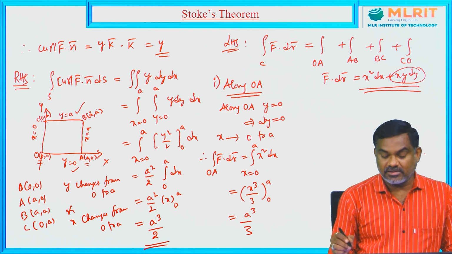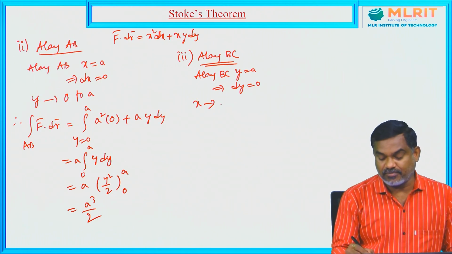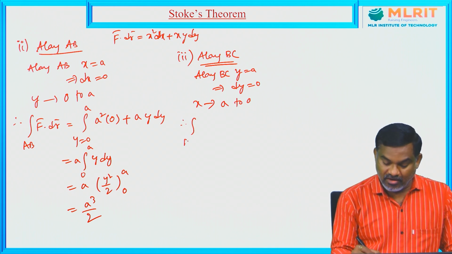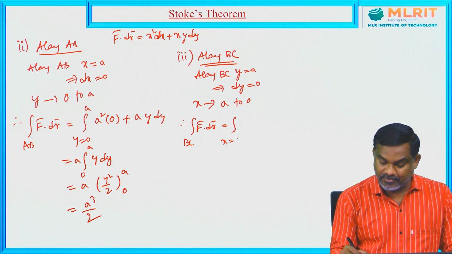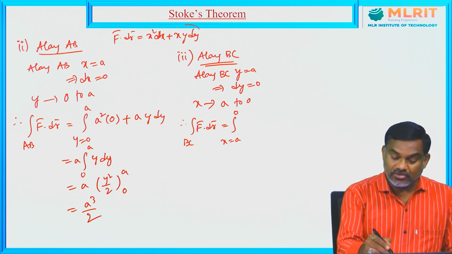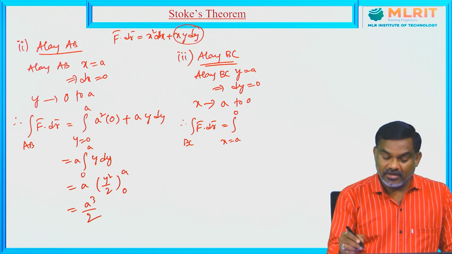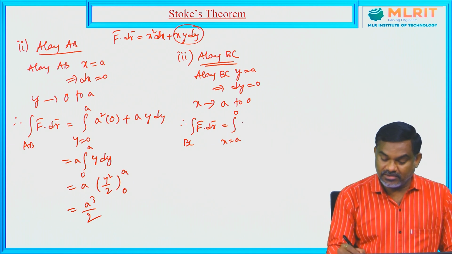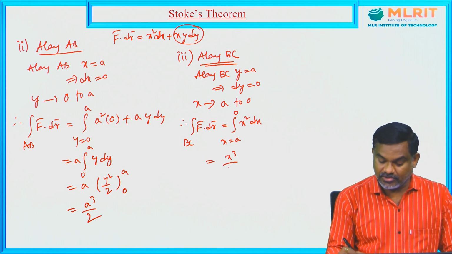So x changes from a to 0. Therefore along BC, f bar dot dr bar is equal to x from a to 0, dy is 0, so the second term vanishes, and what remains is x square dx.